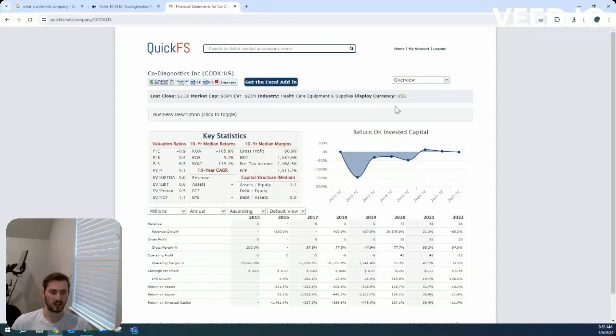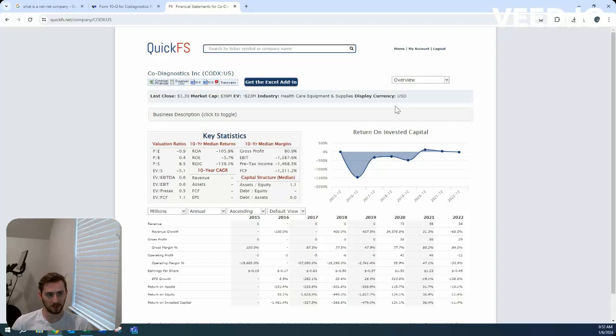And then two, you have the safety of the balance sheet to where you're extremely confident the company will not be going under, because even if the company were to quote unquote go under by liquidating all their assets, it would be liquidated and you would be left with more than what you bought the company for.